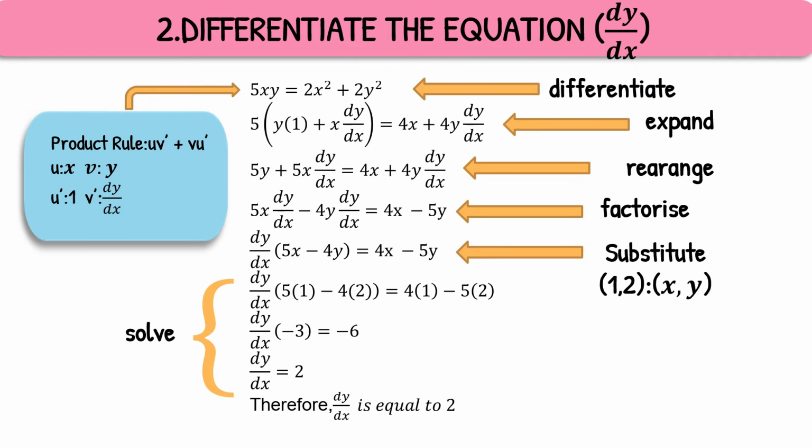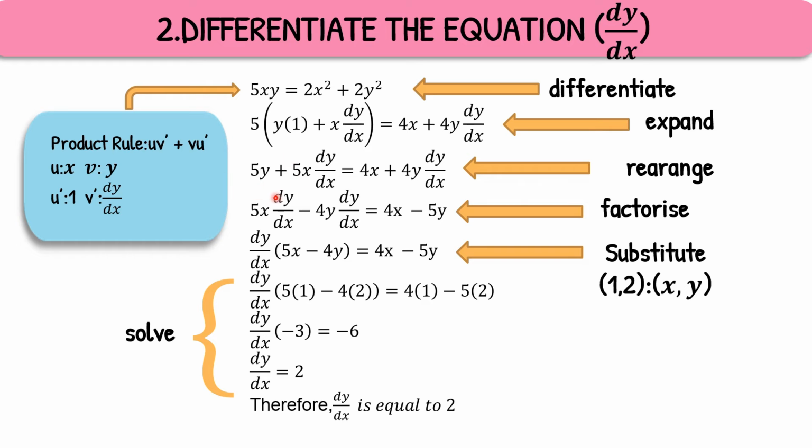Next, differentiate the equation implicitly with respect to x on both sides, and we get 5y plus 5x dy over dx equals 4x plus 4y dy over dx.